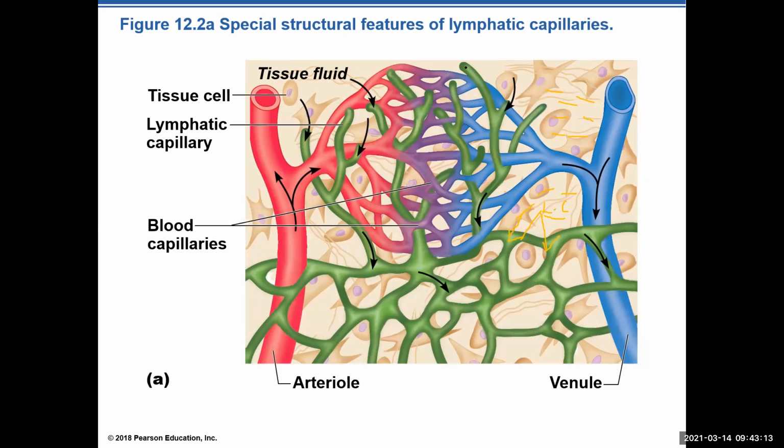If you compare here, the green ones are lymphatic capillaries. So they're all dead-ended. Look at this. What do you mean by dead-ended? If you see here, they are not connected with anything else. So it's just a one-way system. Here we have an artery.